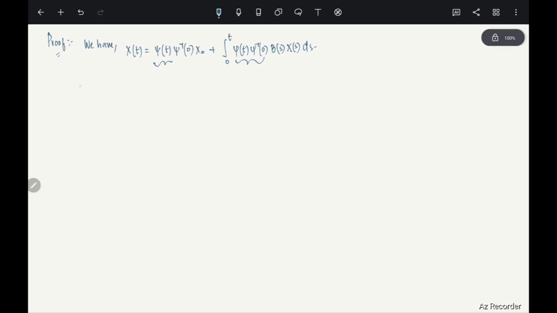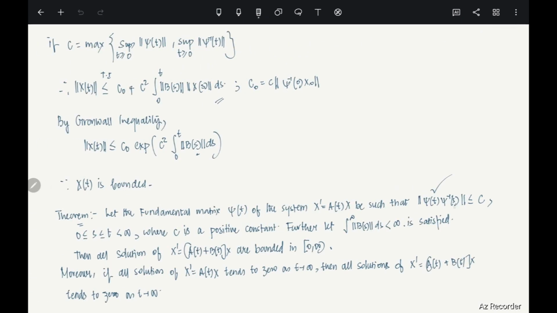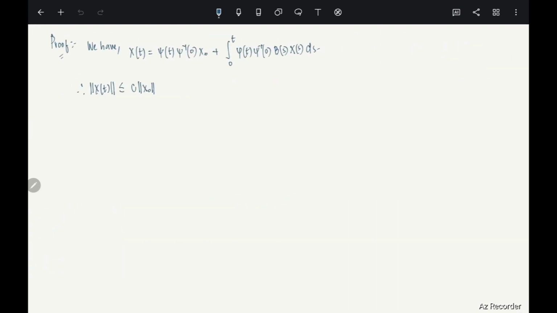Therefore the norm of x(t) is dominated by C times the norm of x0, where C bounds phi(t) phi inverse(s) for all s, and s can be 0 also. So this is bounded, right? So I will take it to be the norm of x0 plus C times the integral from 0 to t of the norm of B(s) times the norm of x(s) ds.